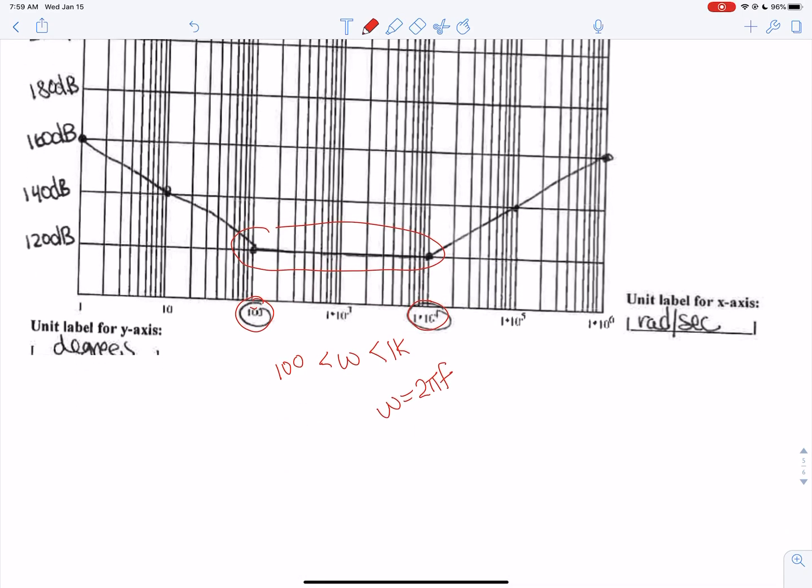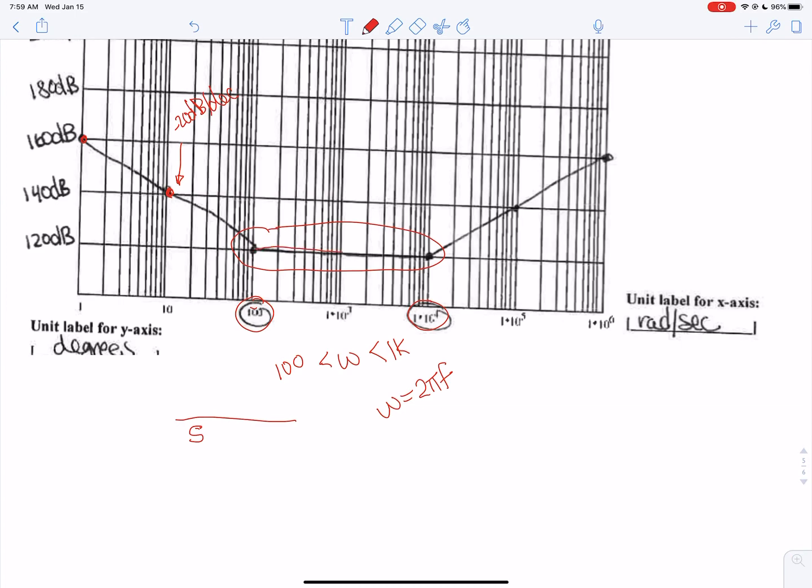For this one, we go from 160 to 140, so it has a decrease of minus 20 dB per decade. Again, that's got to be a pole, and it's starting that way. So we have a pole, which is going to be on the bottom, and only 1 because it's a minus 20.